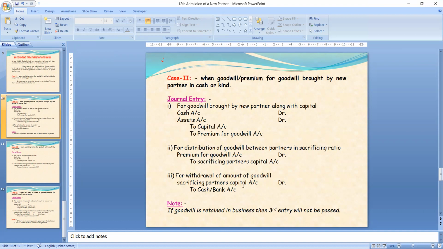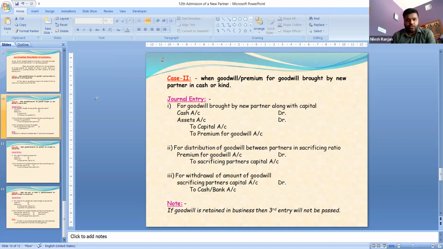So this entry is for withdrawal of amount of goodwill. The entry is sacrificing partners' capital account debit to cash or bank. And how are we going to calculate the share of goodwill?